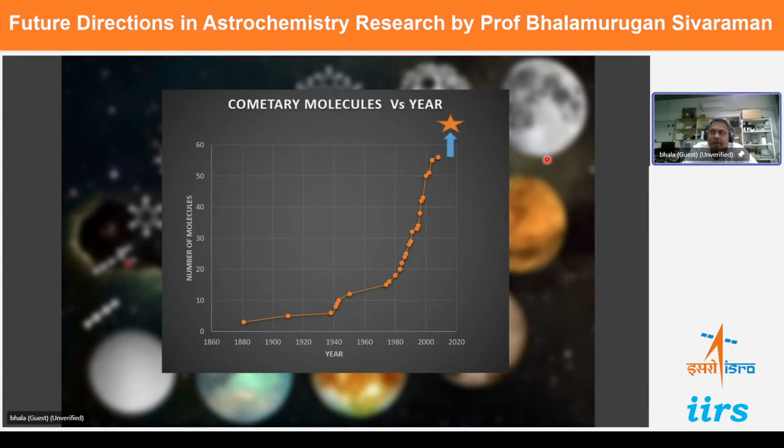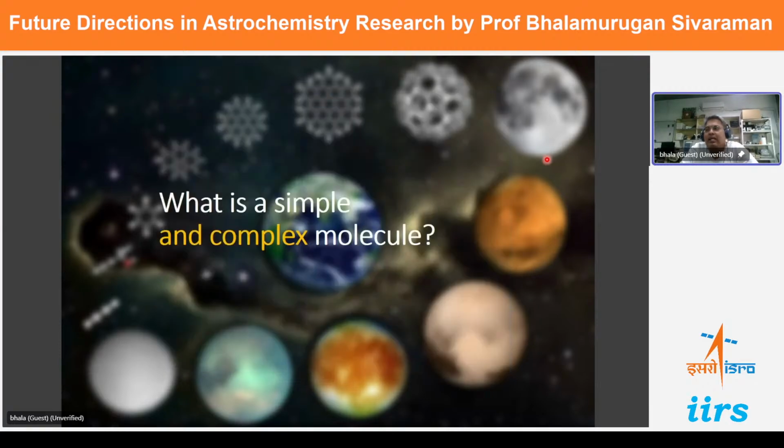That is deep in space, but what happens when you look into the number of molecules on a cometary surface? It's much more, because the spacecrafts have been going to the cometary nucleus and they find lots of molecules. But the problem in astrochemistry, when you compare it with your textbooks, is what is a simple or a complex molecule?